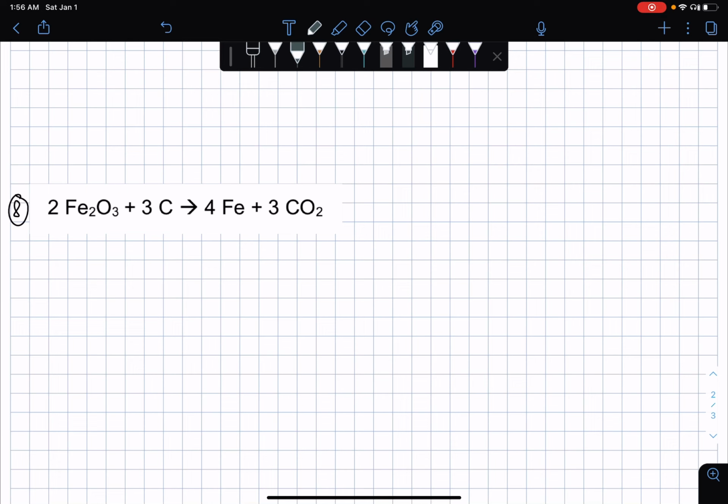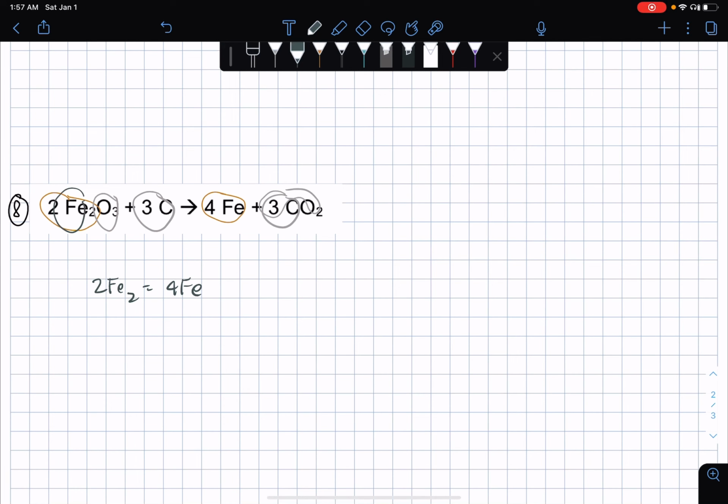By the way, 2 Fe sub 2 is 4 Fe. Please note that. So therefore, these are equal to each other. 3 O sub 2 is the same as O sub 3. Then 3C, we get also 3C at the other side.